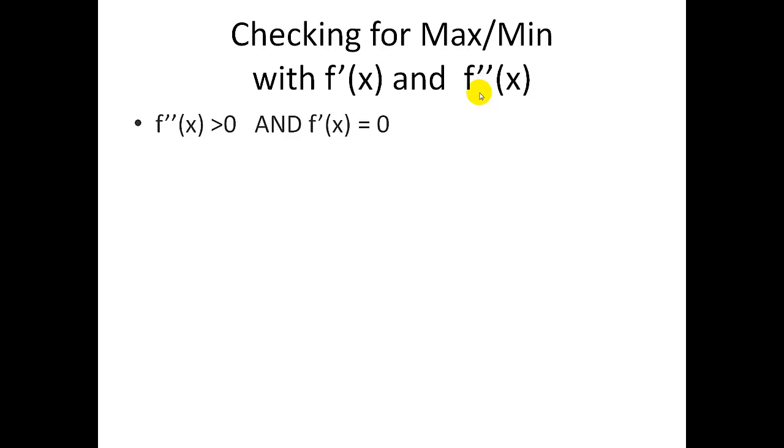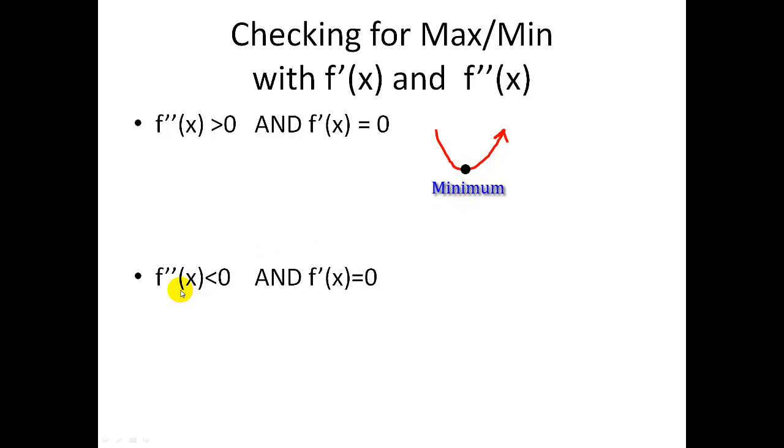And so what happens is, if the second derivative is greater than 0, we know it's concave up. And at the same time, at that point, the slope, the first derivative, is 0, then we have a minimum, because it's concave up, and the exact point where the slope is 0 is a local minimum.